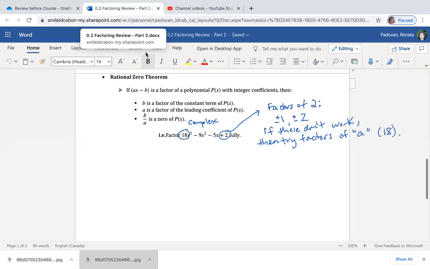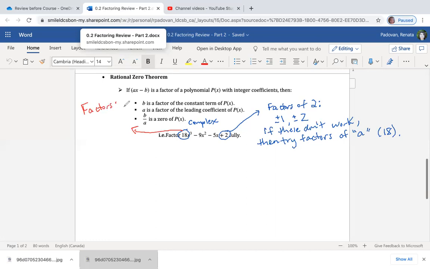So then I would need to look at 18 and list all my factors of 18.